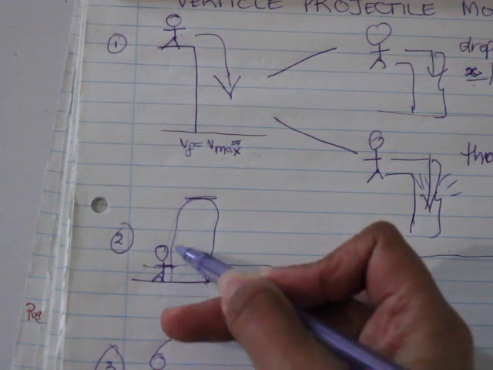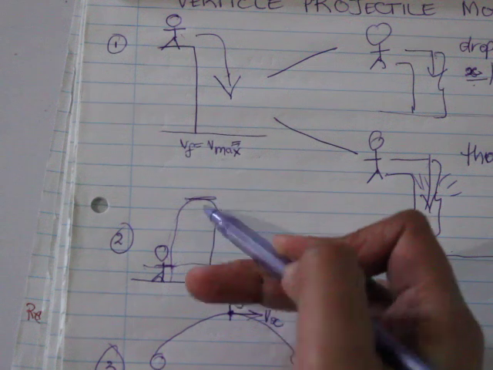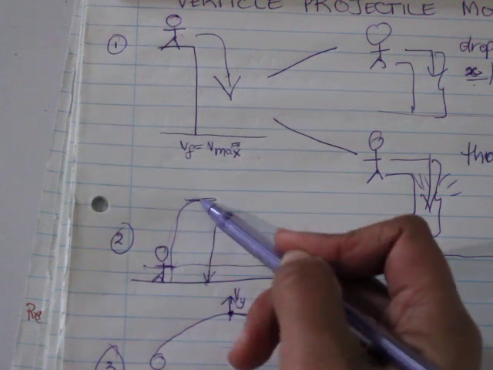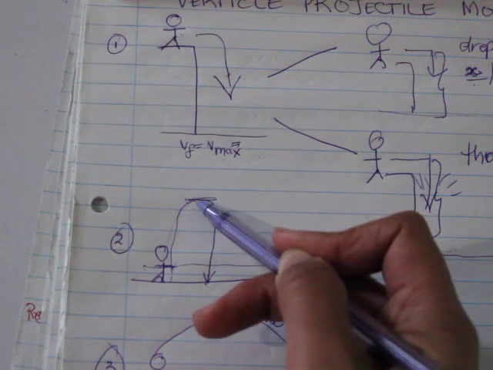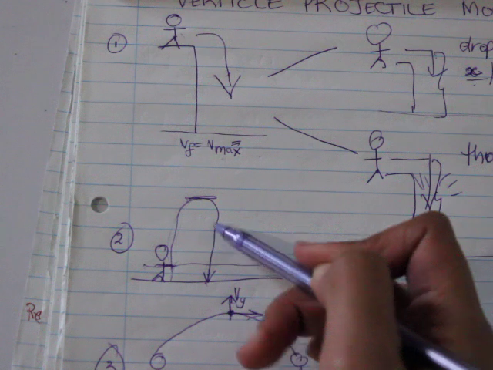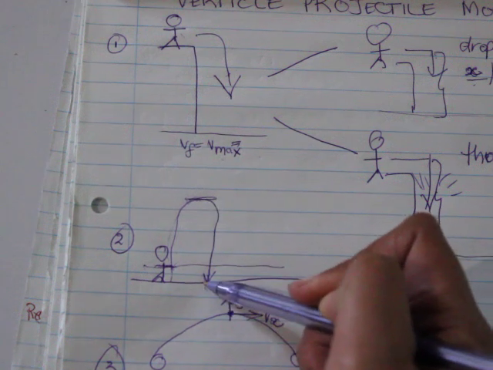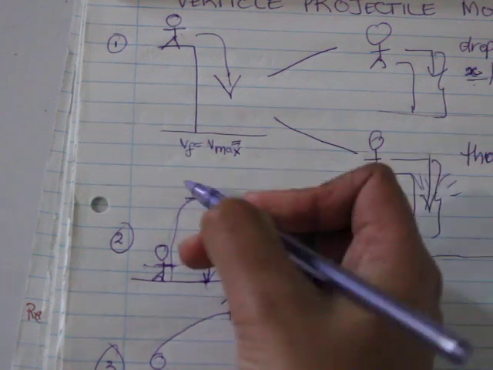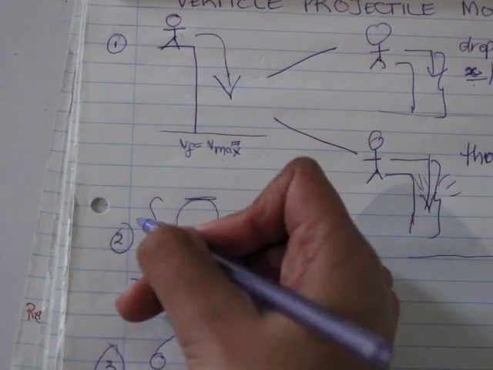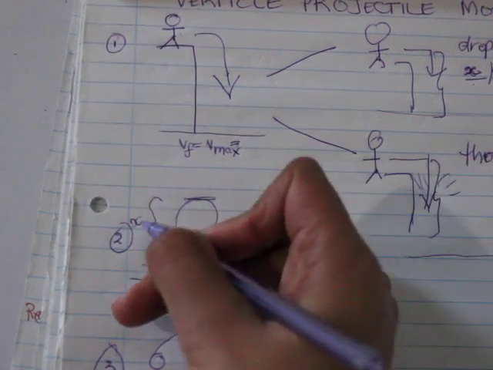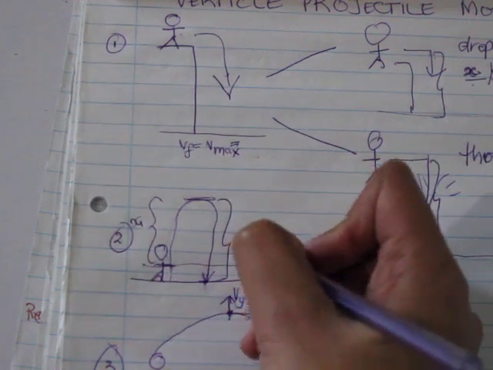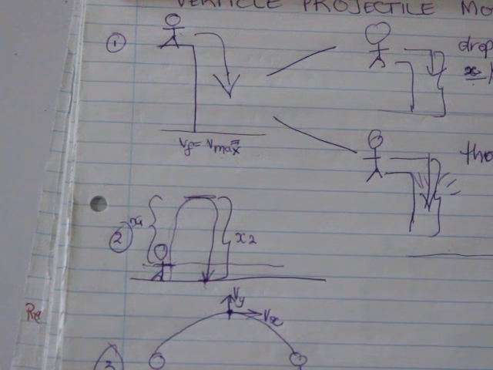You will consider this height, and from the time it reaches the maximum point or the maximum height, and then consider this entire height over here from the point it reaches the ground. So you will then have two distances. You will have this one, and we call that X1, and you will have this entire one. We will call that X2.